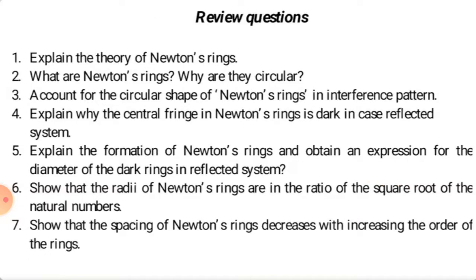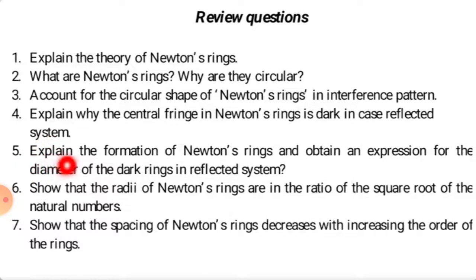Next, from the examination point of view, these questions are covered: explain the theory of Newton's rings. What are Newton's rings? Why are they circular? Account for the circular shape of Newton's rings in the interference pattern. Explain why the central fringe in Newton's rings is a dark ring in case of reflected system.